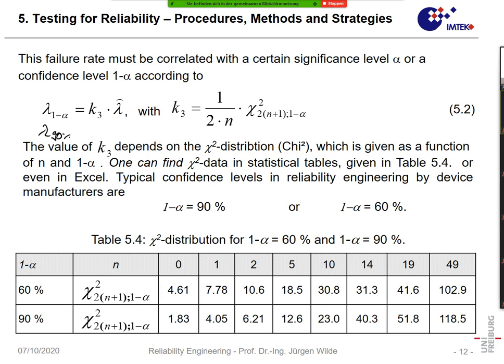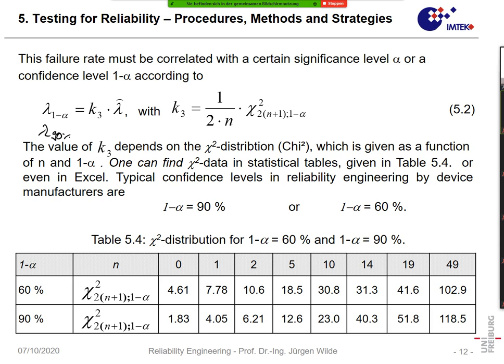And K3, in the case of that test strategy, is computed in a certain way, which is 1 divided by 2n, where n is the number of failures, times the chi-square distribution of 2n plus 1 and 1 minus alpha, and alpha is the error probability.